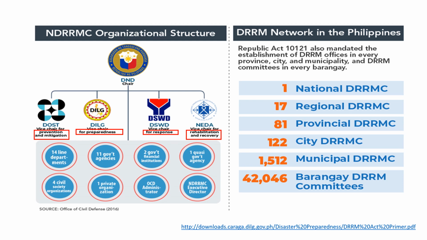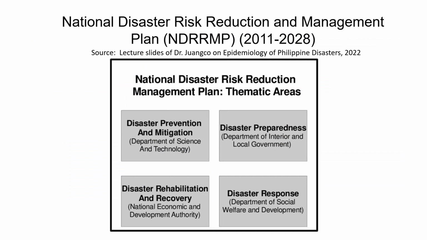The National Disaster Risk Reduction and Management Council is a multi-sectoral body composed of the OCD, DOST, DILG, DSWD, and NEDA that shall oversee the DRRM system in the Philippines. The National Disaster Risk Management Framework is the principal guide to disaster risk reduction and management efforts in the country and the basis for the formulation of the NDRRM plan.